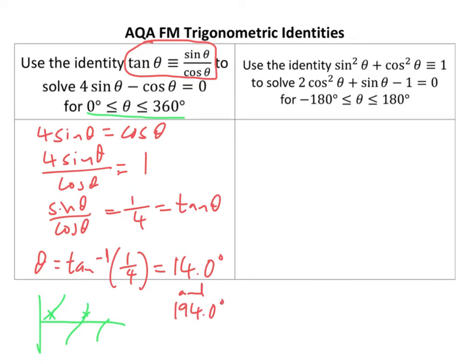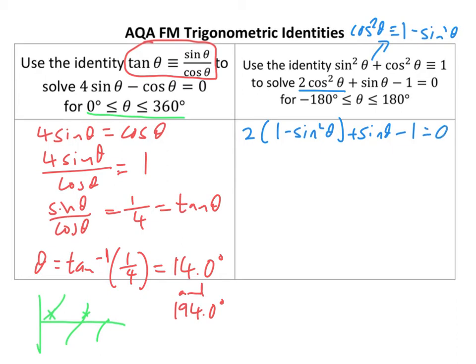Okay, next one. Again, I'm going to be using this on cosine squared. Shall I use the identity, cosine squared equals 1 minus sine squared? Okay, so let's swap that in. So I get 2 lots of 1 minus sine squared of theta, plus sine theta, minus 1 equals 0.